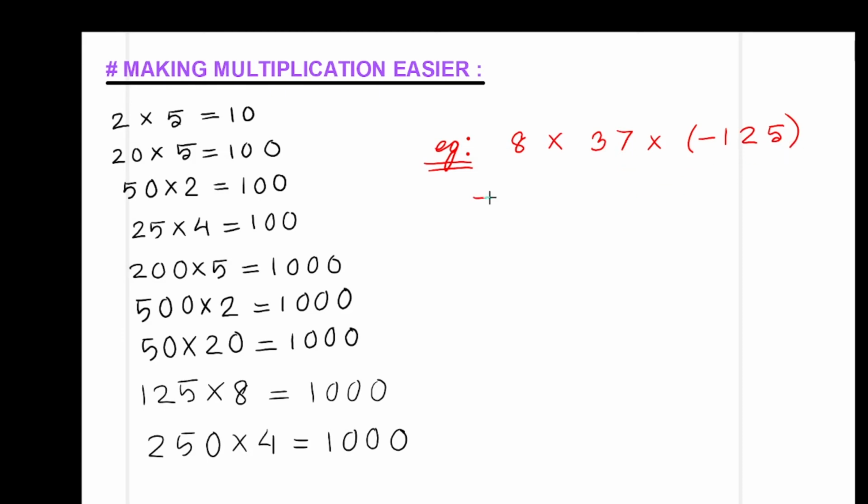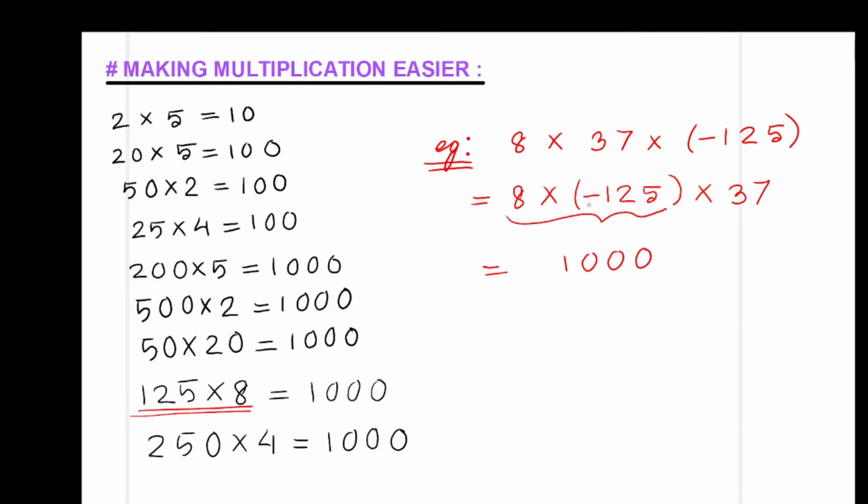Instead of that, I will write 8 into minus 125, then into 37. So 8 into 125, what? We will get 1000. But here there is a negative symbol, so we have to put minus 1000 into 37. It will give us minus 37,000.